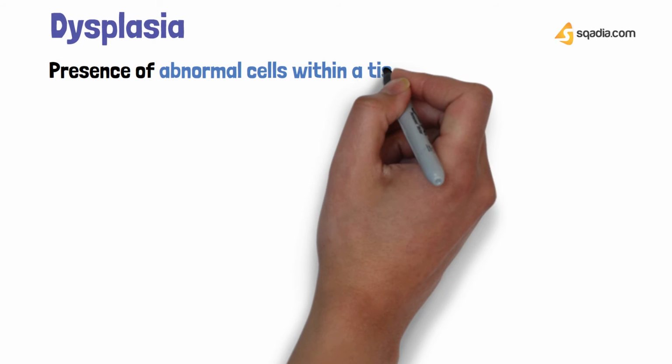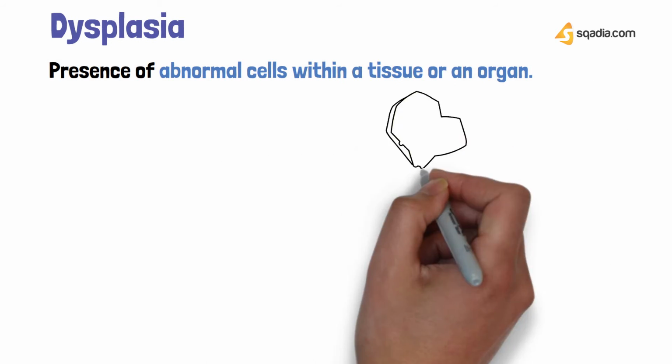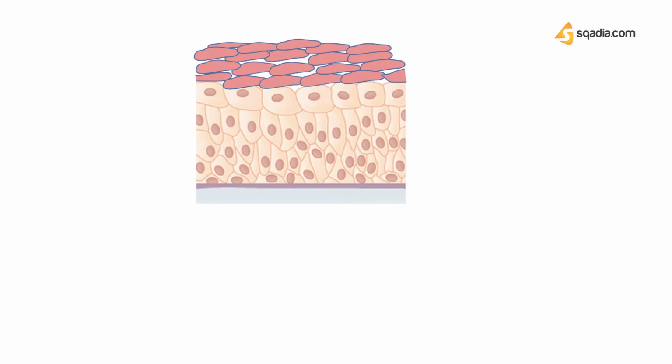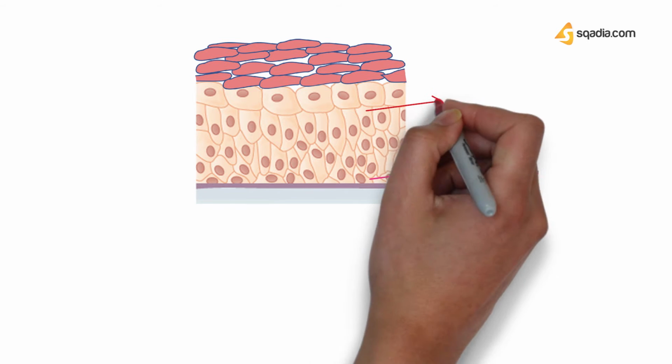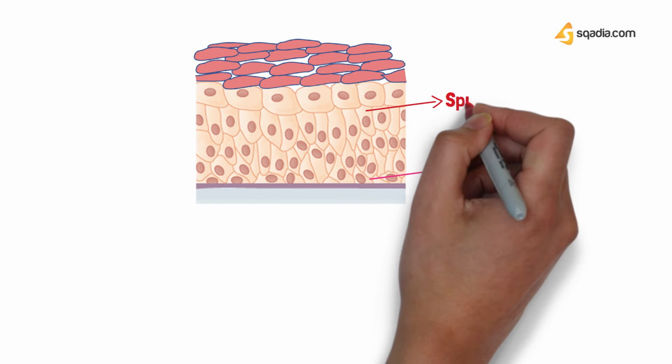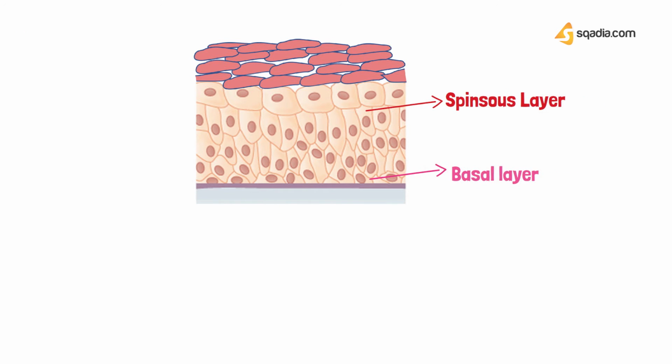So to understand leukoplakia better, we're going to go into the detail of dysplasia. It is the presence of abnormal cells within a tissue or an organ. This is an epithelium. We're going to look at the layers of epithelium. Just above the basement membrane, we have the basal layer, and above the basal layer, we have the spinous layer.